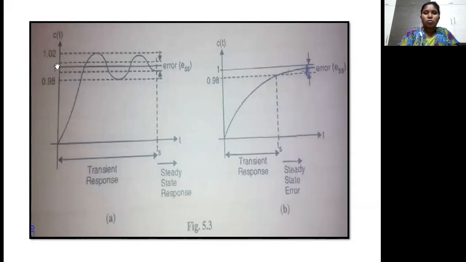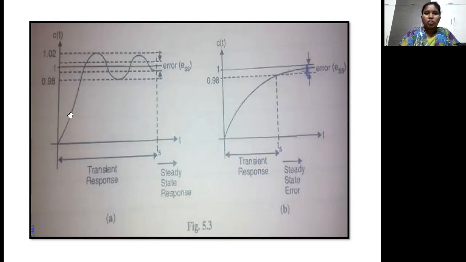Here we have to achieve the required output, that is 1, but we are obtaining an error which is represented as ESS, the steady state error. After the time period TS only, we obtain the steady state response here, and here also after TS only, we obtain the steady state response.